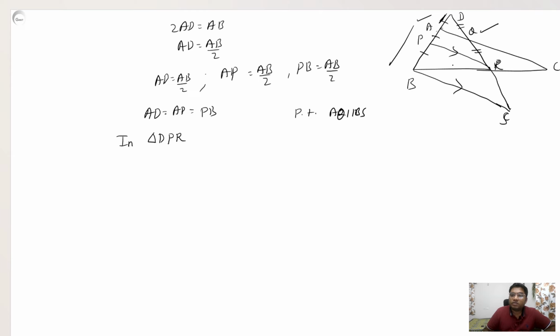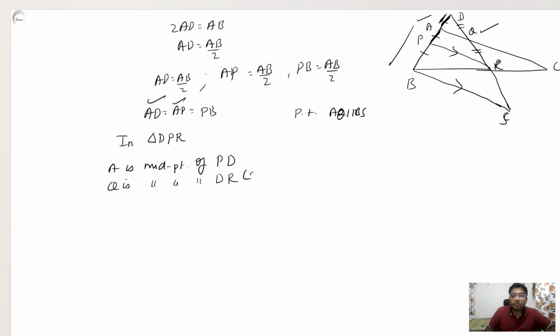So if you notice, I clearly know that AD and AP were equal. See here. So can I say that A is the midpoint of PD? Can I also say that Q is the midpoint of DR?